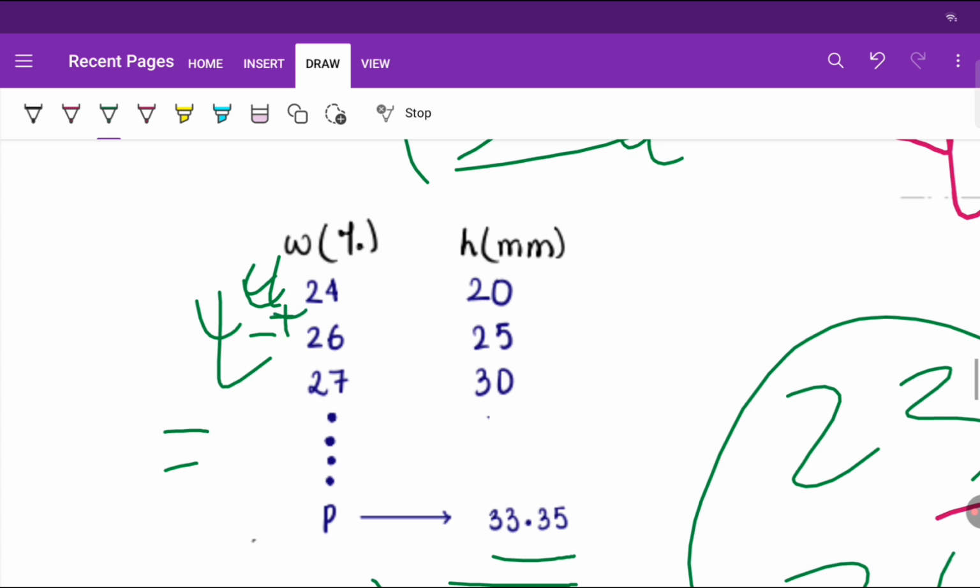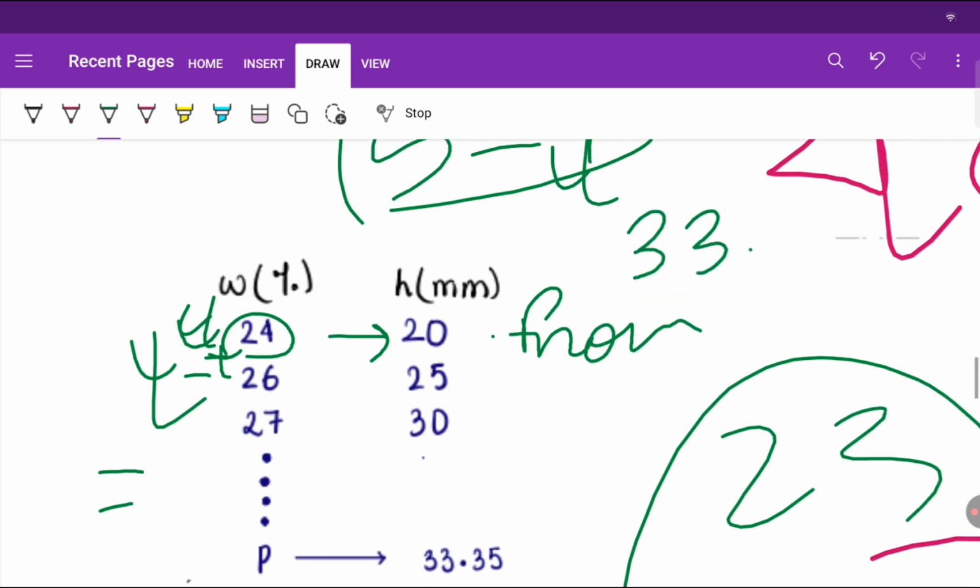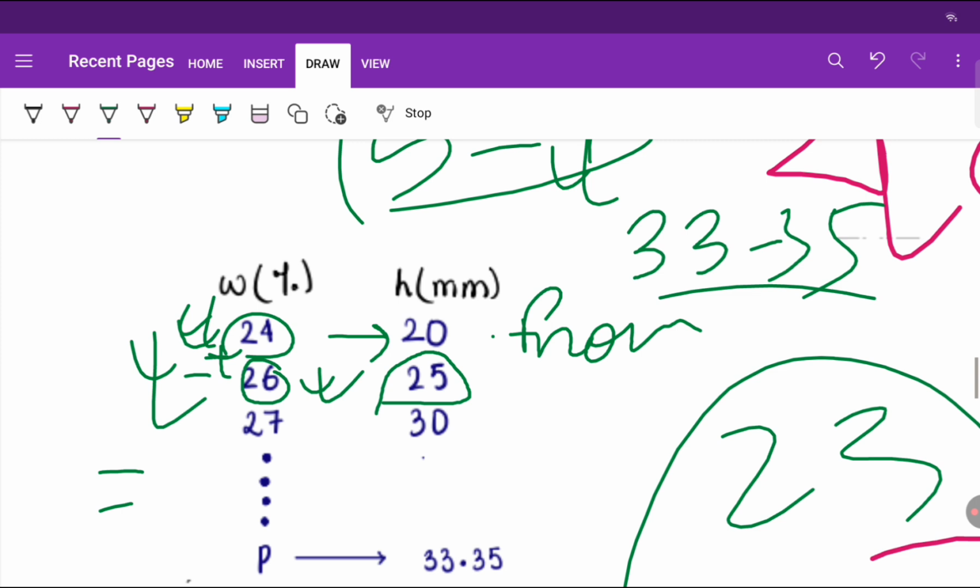So first of all we add 24% water. We got 20 mm from top. Our aim is to find 33 to 35, right? So then we added more water to give more fluidity. We add 26% of water, then we get 25.